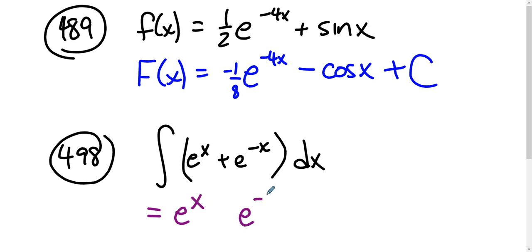The antiderivative of e to the negative x is probably e to the negative x, but wait a minute, when we check ourselves, the derivative of e to the negative x is e to the negative x times -1, so we need something here that's going to multiply by that -1 and leave us with a plus sign, and that appears to do the job. And as with all antiderivatives, there's a plus c. So this is the indefinite integral of e to the x plus e to the negative x dx.